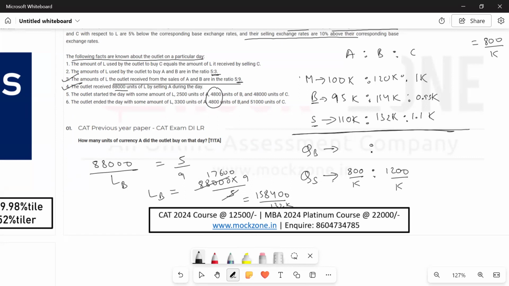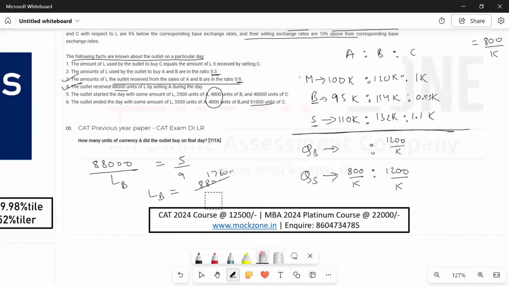So we know that if the quantity of B sold was 1,200 by K, the amount of B bought was also 1,200 by K, because the amount of B remained the same between the start and the end of the day. And then 51,000 units of C.